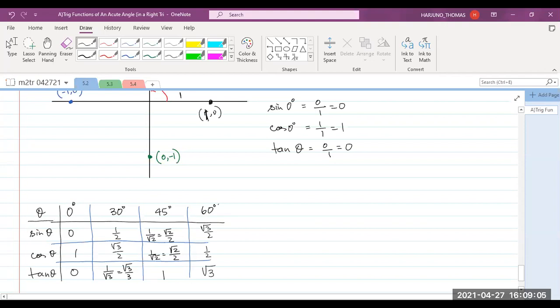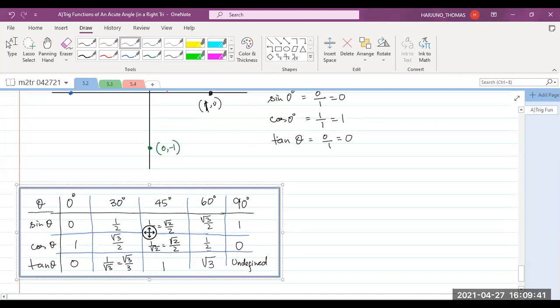While sine 90 degrees is 1, cosine 90 degrees is 0, tangent 90 degrees therefore is undefined. Okay, now you have a new table that you need to memorize.